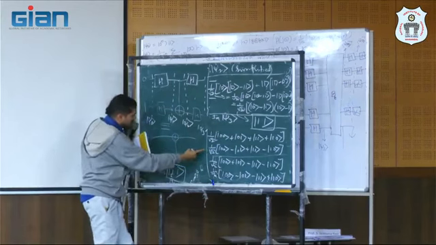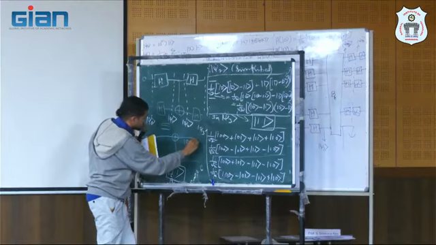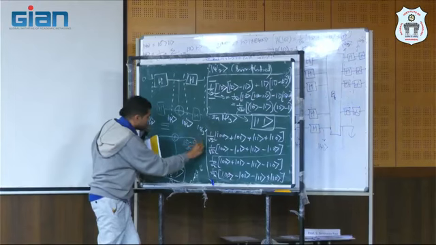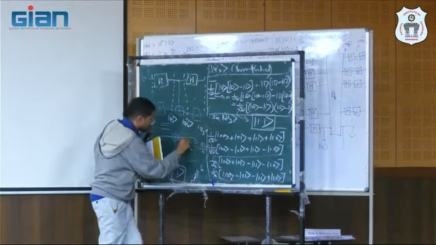So here we actually have 0 plus 1 by root 2, and after this we will have 0 minus 1 by root 2.